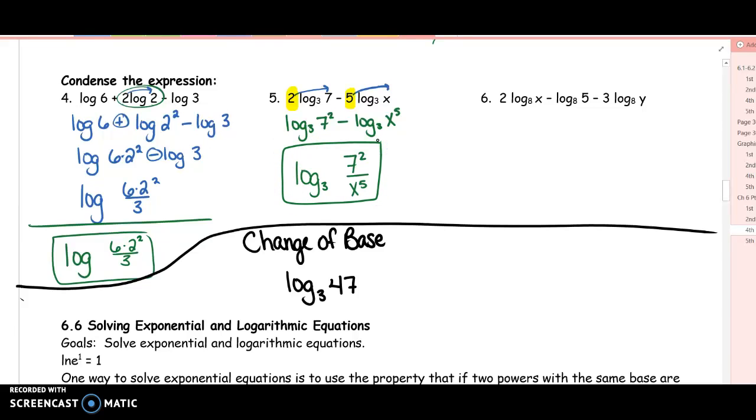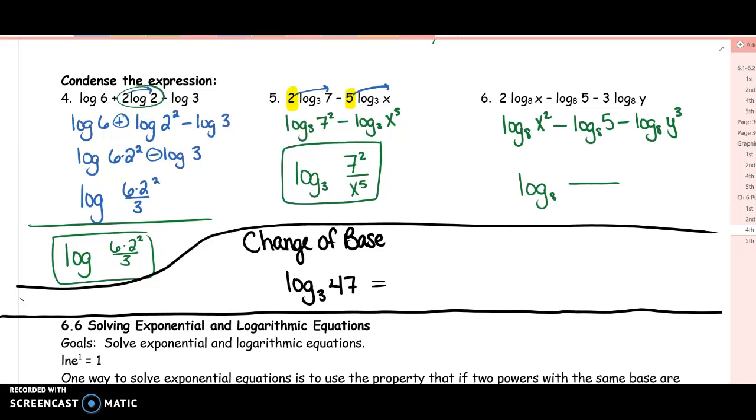Okay, try number 6 on your own if you haven't already. Okay, the first thing you should do every time you're condensing is look for coefficients. Those coefficients, the numbers in front of the logs, they have to go back as exponents. So your first step should be to rewrite it, moving that 2 back to a square, move the 3 back to a third. So move those back into those exponents.